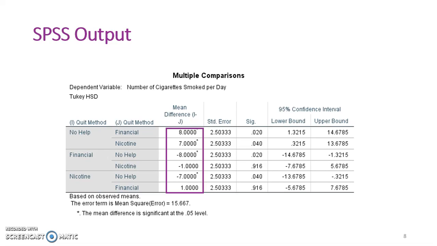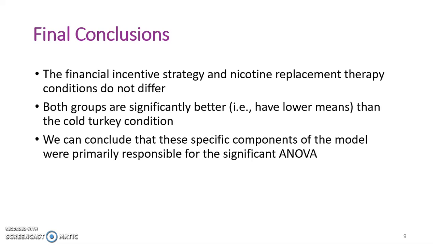And as we had talked about with the logic of planned contrasts in this example, it doesn't look like there was a significant difference between the financial incentive and the nicotine therapy groups. They both were effective in reducing smoking intensity, and there's no significant difference between them. Okay.